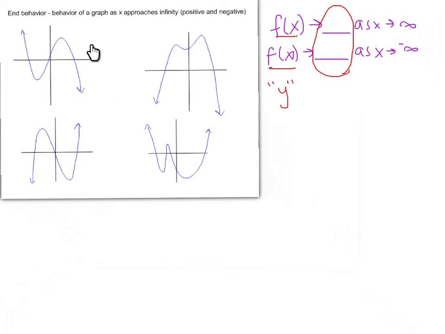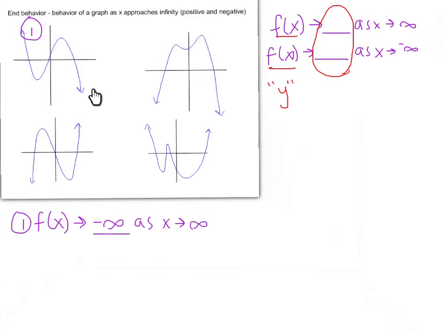Well, here on the positive side of the graph, notice that this arrow is going down. So for this first graph, we would say f of x approaches negative infinity as x approaches infinity. And we're saying negative infinity there because that graph was going down.